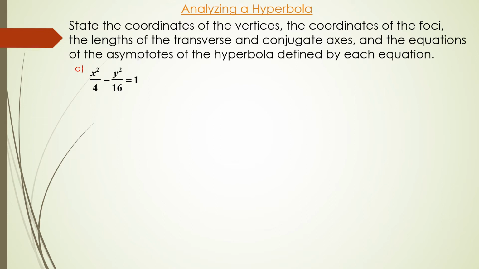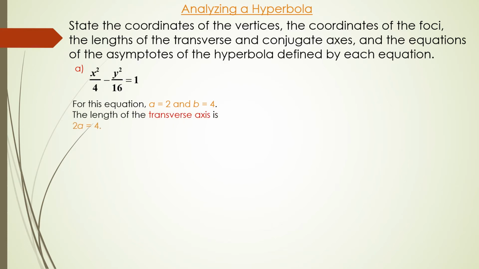Whichever is positive and comes first in our equation determines the opening of the hyperbola. Since x comes first and is positive, x squared over 4, our opening is right and left. That is the clue. Okay, so from the given equation, our a is 2 and our b is 4.